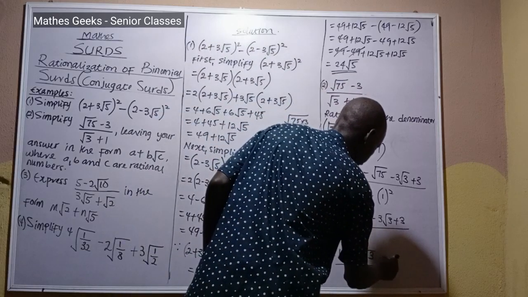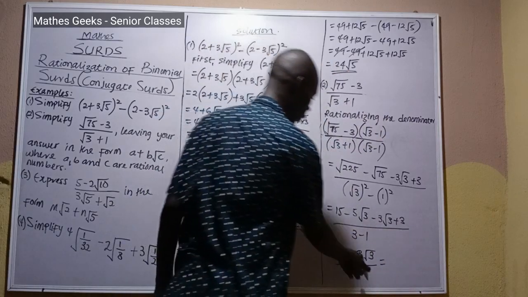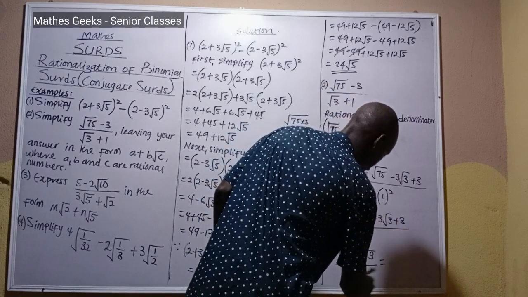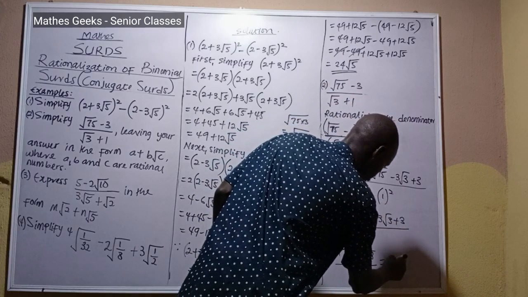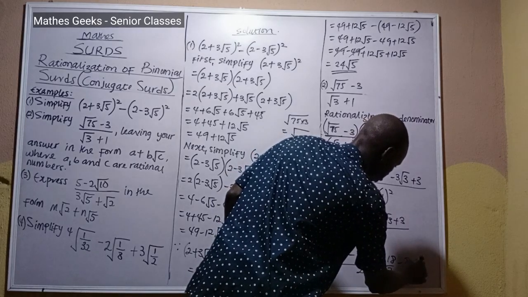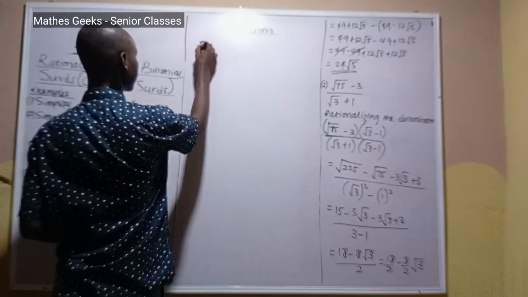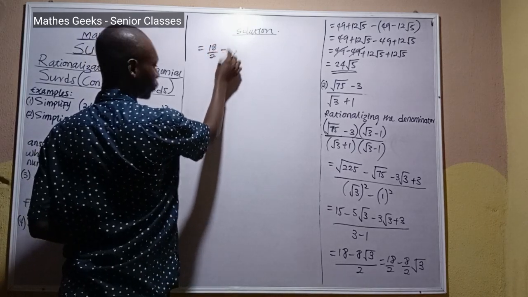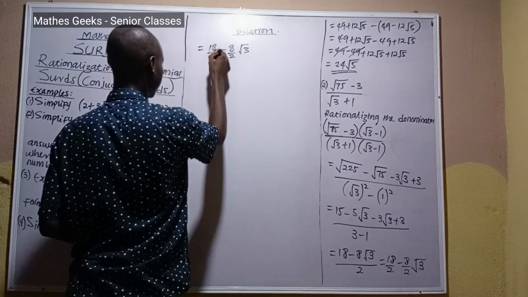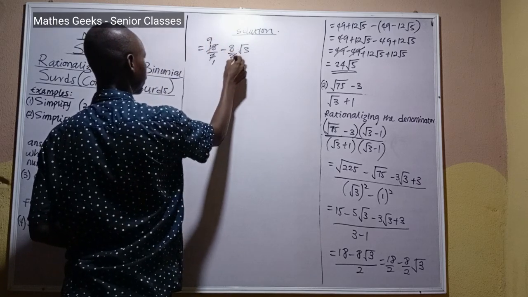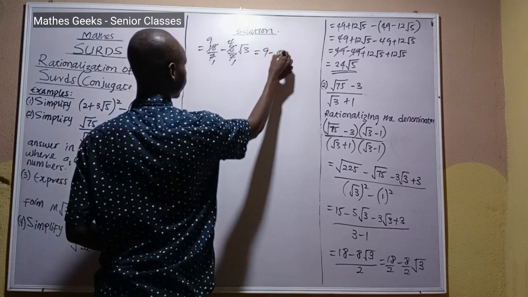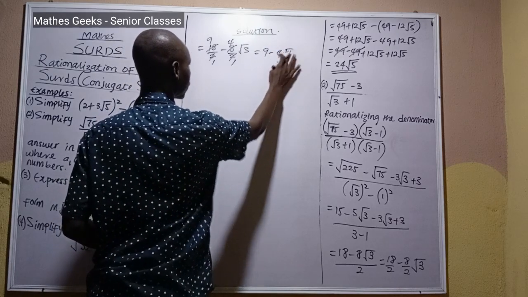When we split this, since the denominator is common, we have 18 over 2 minus 8 over 2 root 3. 2 into 18 is 9, 2 into 8 is 4. This is equal to 9 minus 4 root 3.